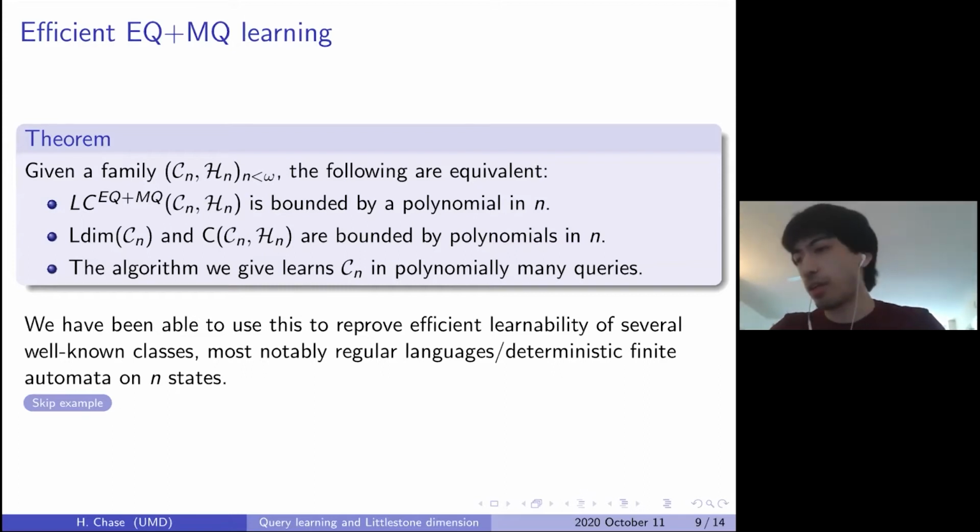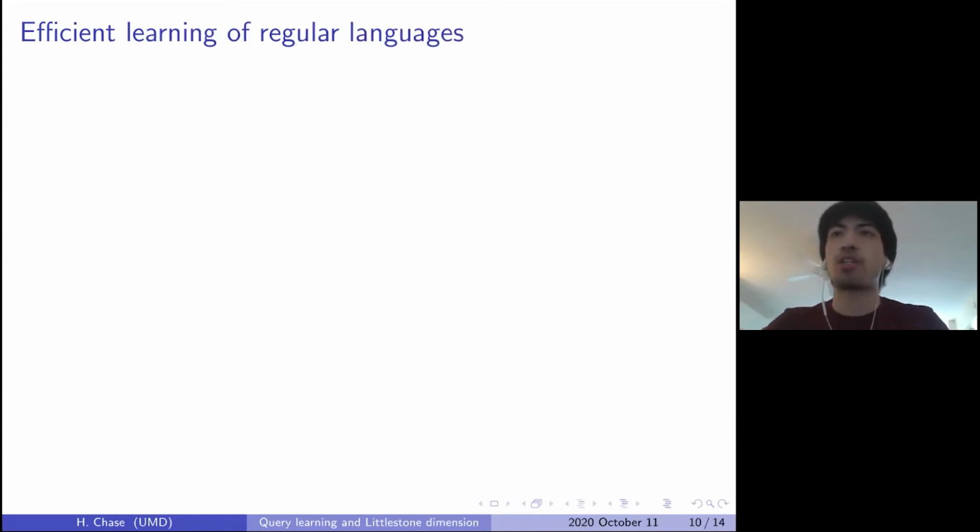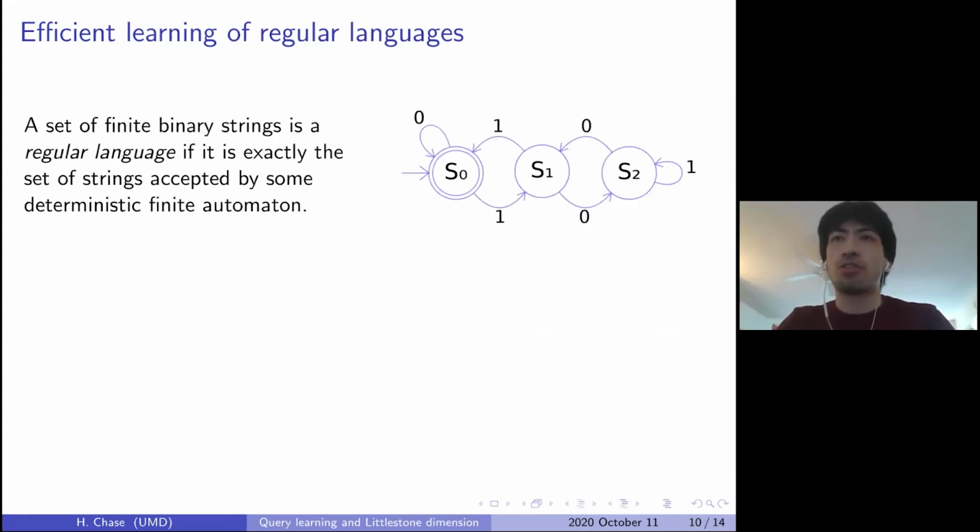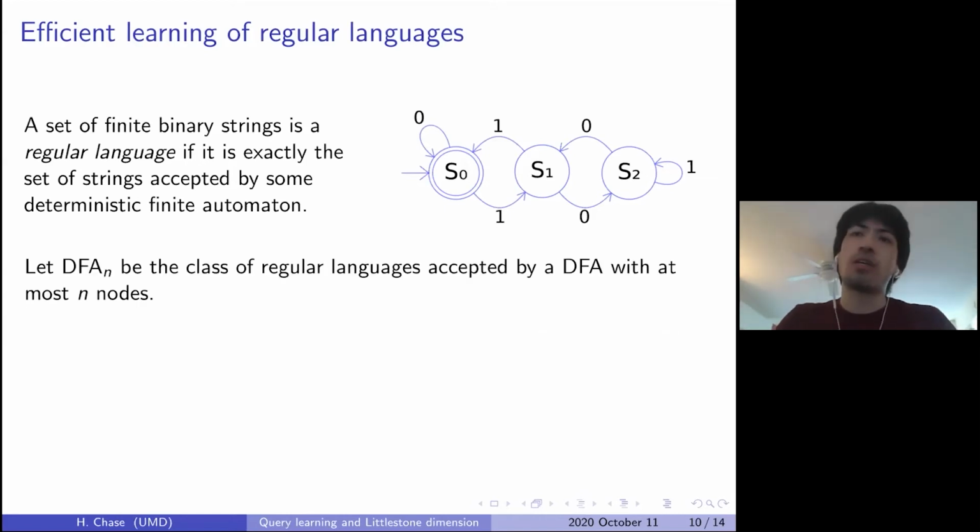I think I have time, so let me talk about an example. Let me talk about learning regular languages, and we'll talk about this in the language of deterministic finite automata. Our classes will be DFA_n, the class of regular languages accepted by a DFA with at most n nodes.